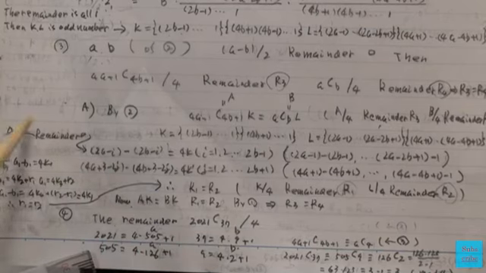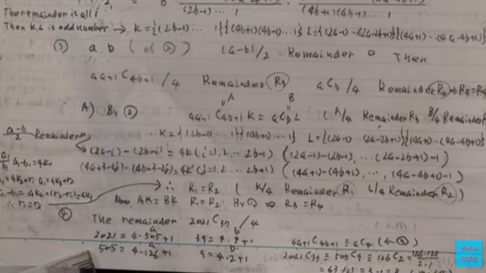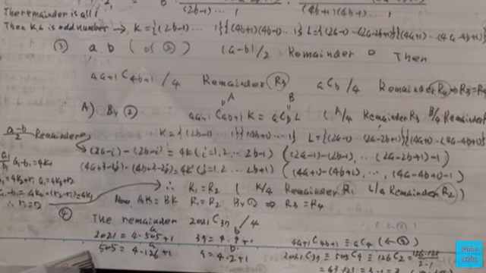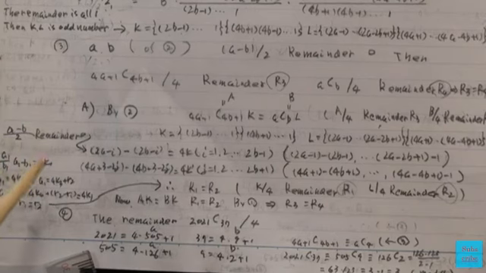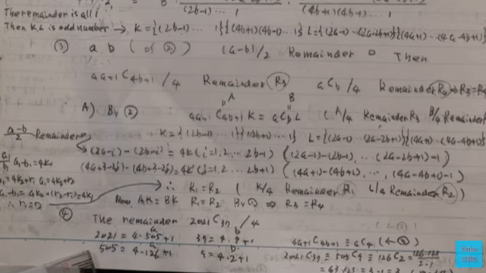And now a minus b divided by 2 has remainder 0. Then, for example, a1 over b1, a1 minus b1 equals 4k1.